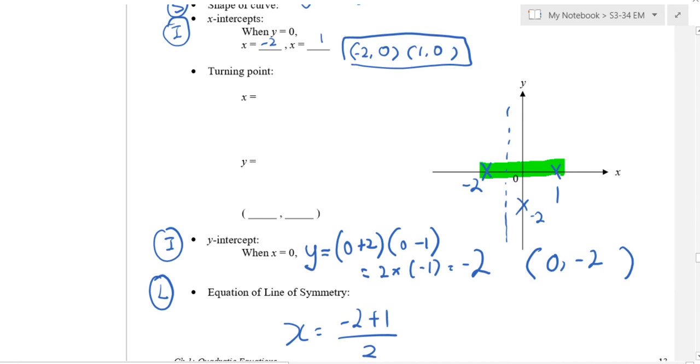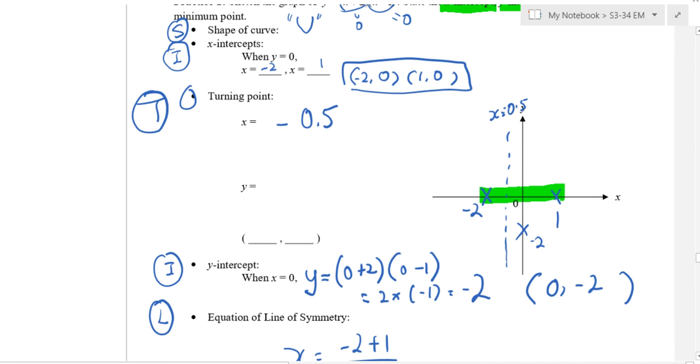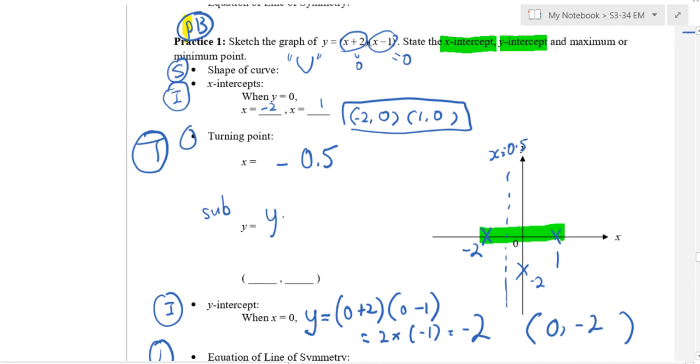Okay, time for trick question. Turning point. Let's find turning point. T. Turning point what? X equals to what? Negative 0.5. This one no need to count. No need to do anything. But how to find Y? Sub. Okay, can you sub now? Y equals to, oh, my dream of leaving this place at 2:50 gone.